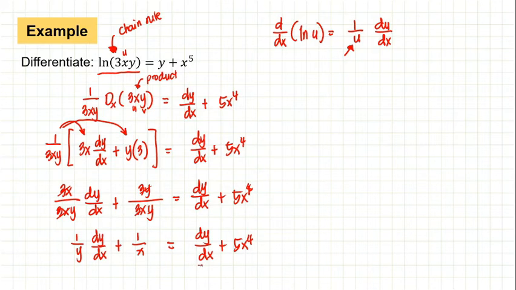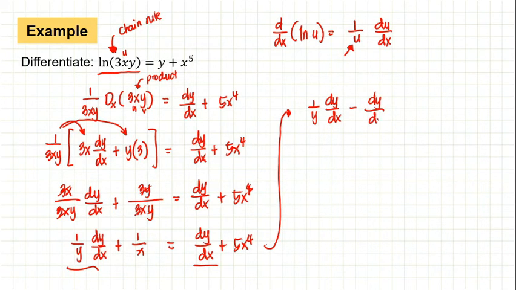So we have this term and this term here. So let's move this one to the left-hand side and this 1 over x to the right-hand side. So we will have 1 over y dy over dx, and the dy over dx on the other side, so we have minus dy over dx equal to 5x to the power of 4 minus 1 over x.